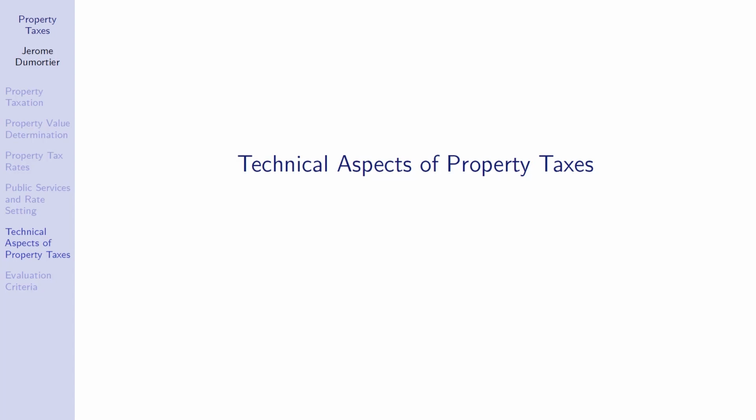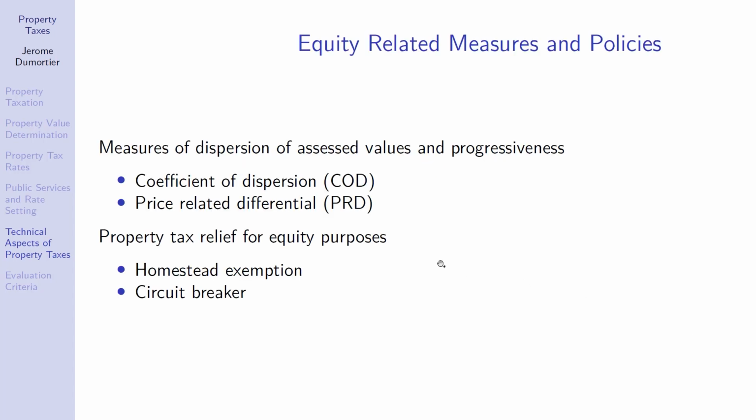Next, let us look at some technical aspects of property taxes. So here we are going to look at various measures, and those measures are related to equity, and they're also related to policy. Okay, and so we are going to look at measures of dispersion of assessed values.